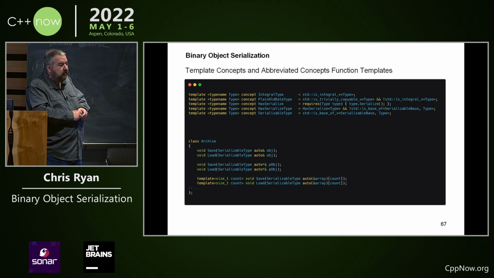You have to write a concept, I think, that says it's an array, and then it would have a constexpr for size that you can call the same function. So then I would be able to say serializable type array count. Well, these are C arrays, so no, they decay, so I think you start with this. Okay, I was hoping that I would just be able to say serializable type auto array bracket auto count close bracket.